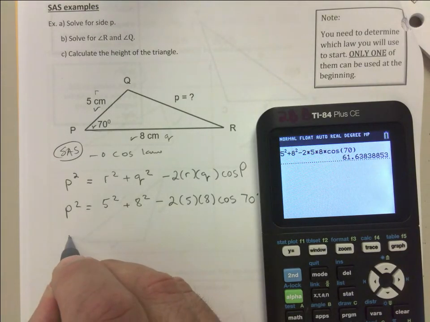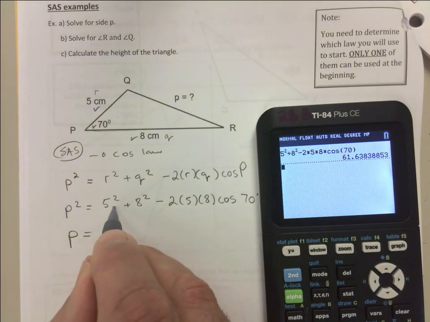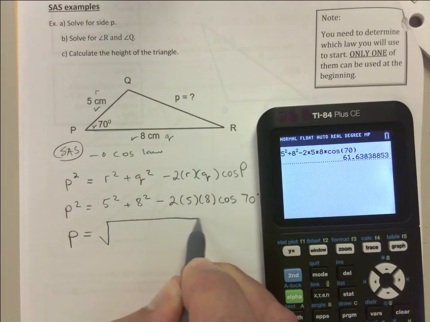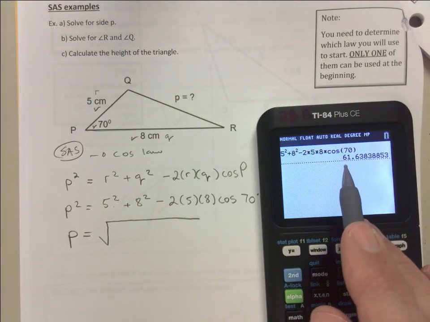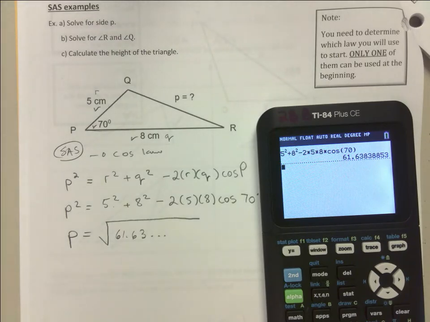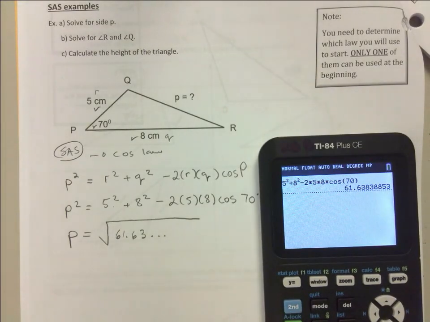So guess what? What do we do if we just want p? What do we do to both sides? Square root, right? So it'd be the square root of this number right here, 61.63, and that keeps going. So that's not the answer yet. We need to square root it.